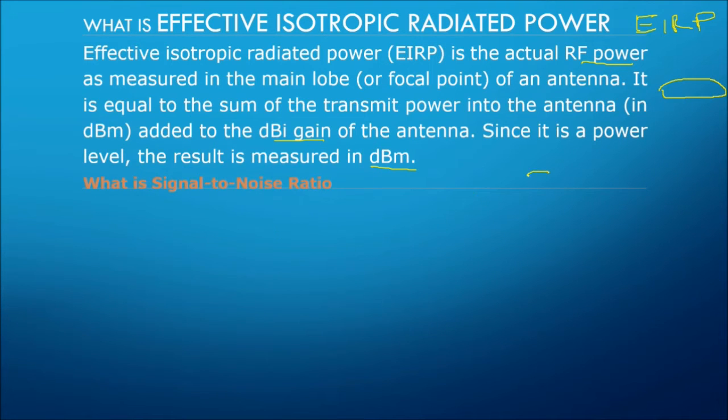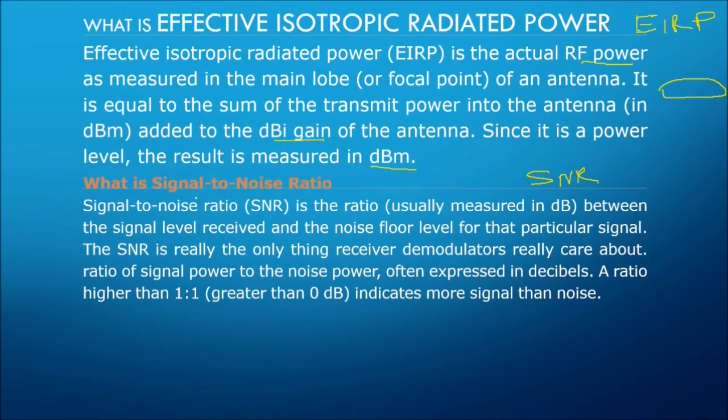What is SNR? SNR, signal to noise ratio. Signal to noise ratio is the ratio of signal power to noise power. This ratio is measured in dB between the signal level received and the noise floor level for the particular signal. The SNR is really the only thing receiver demodulators really care about.